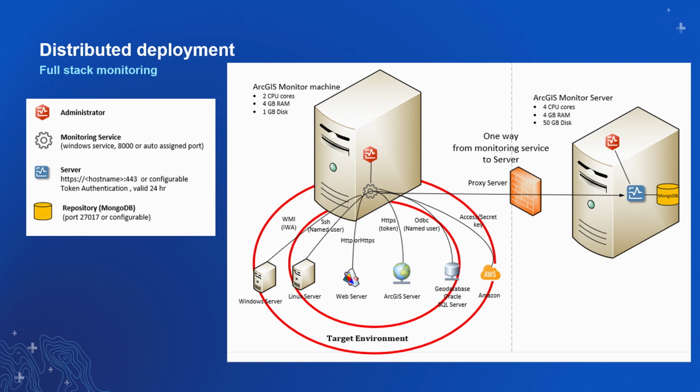For the administrator for the monitor, is there a way to say I only want this admin to only look at the database, this admin only looks at something else? Is it divided? So if I understand you're asking, can I just look at the database and ArcGIS server separately?